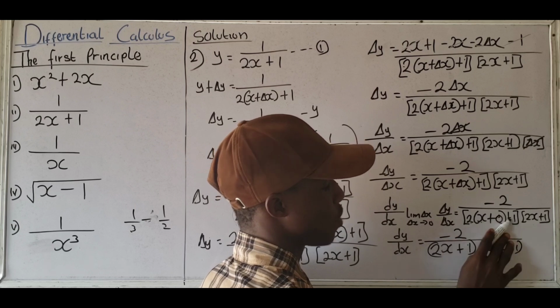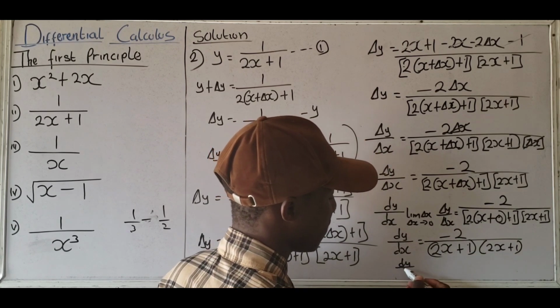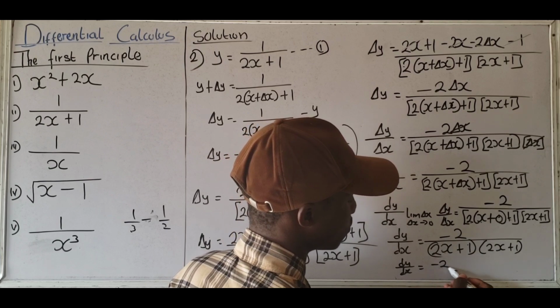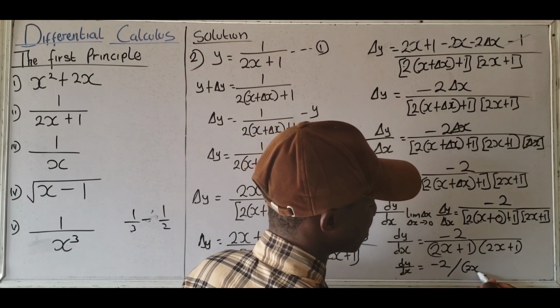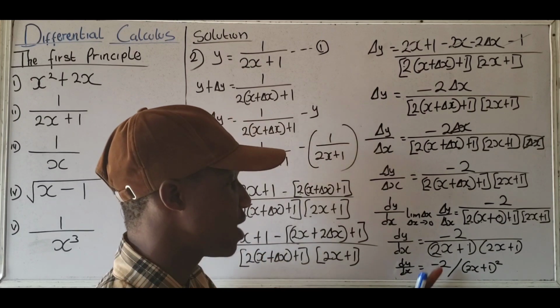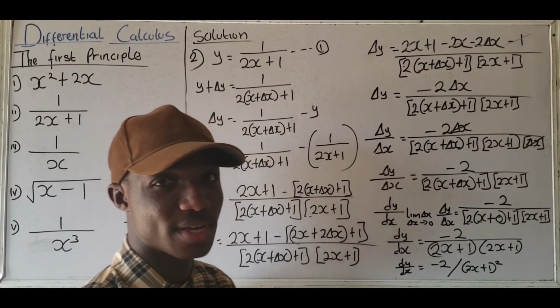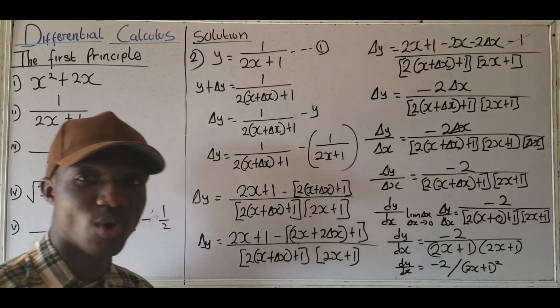Now, 2x plus 1 is 2x plus 1. You understand? So, dy all over dx is equal to negative 2 all over 2x plus 1 squared. Okay? Do you understand? 2x plus 1 multiplied by 2x plus 1 can be written as 2x plus 1 squared. Okay? So, that is the derivative of the function.